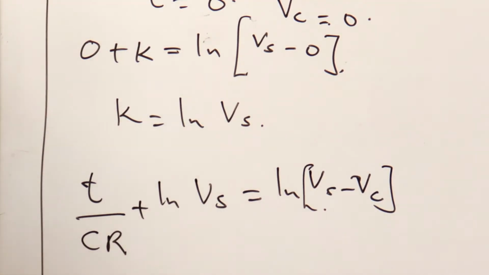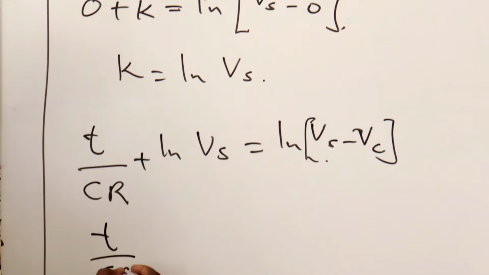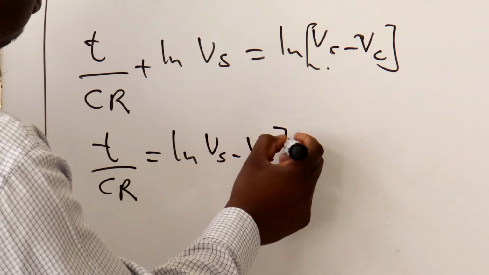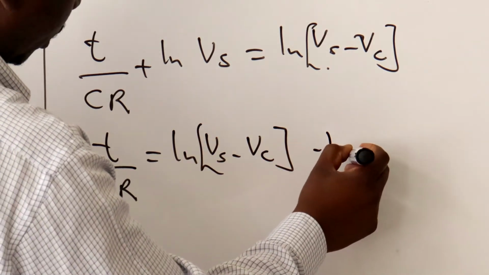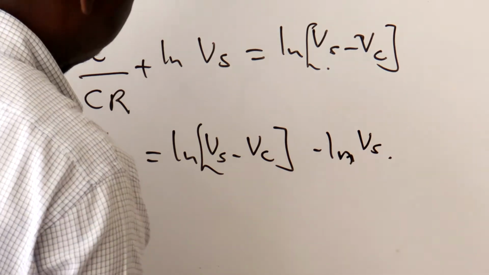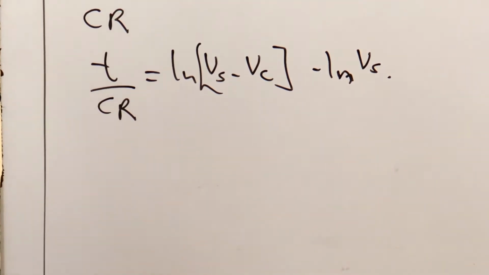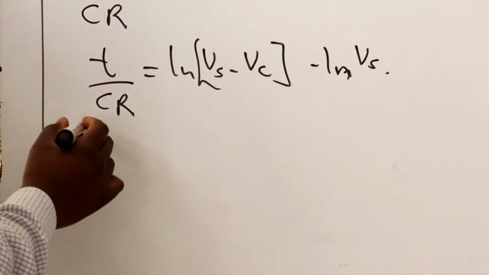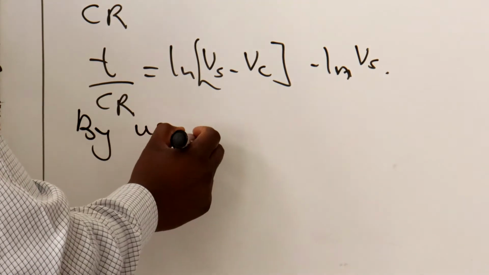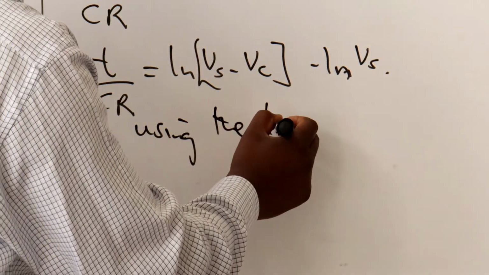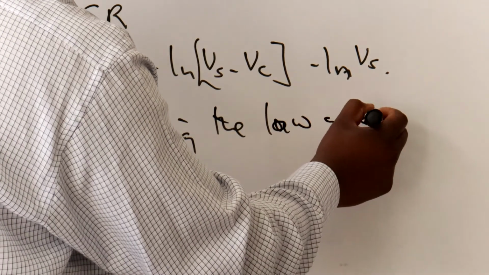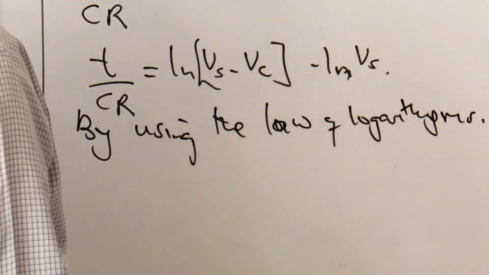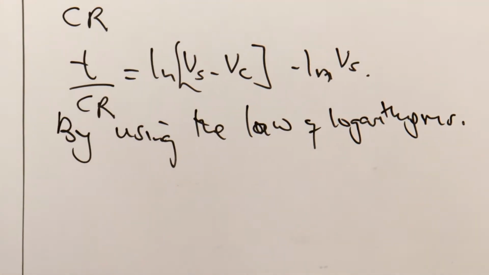We collect like terms together. t over CR is supposed to be ln of Vs minus Vc minus ln of Vs. By using the law of logarithms, we shall be subtracting that, and that means we shall be able to divide.